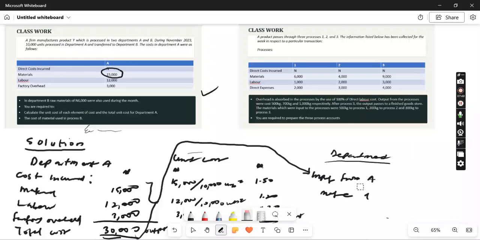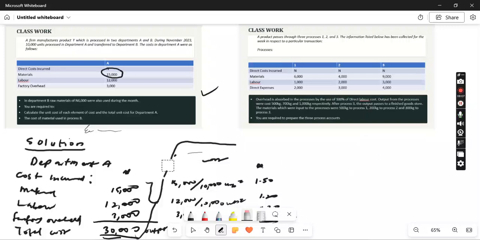This question is more complex compared to the former one that we've treated. So we're going to look at it and solve it together.